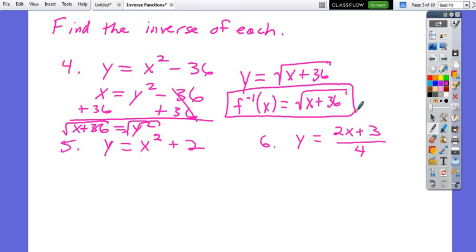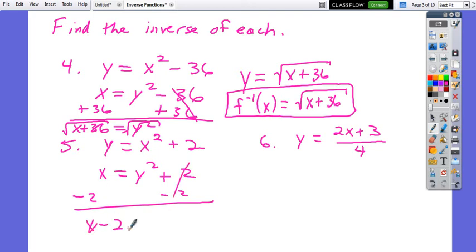Number 5 is going to be very similar to number 4. You're going to swap x and y. Subtract 2 from each side. So x minus 2 equals y squared.